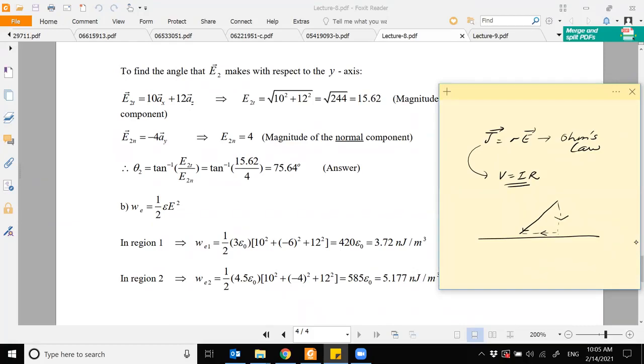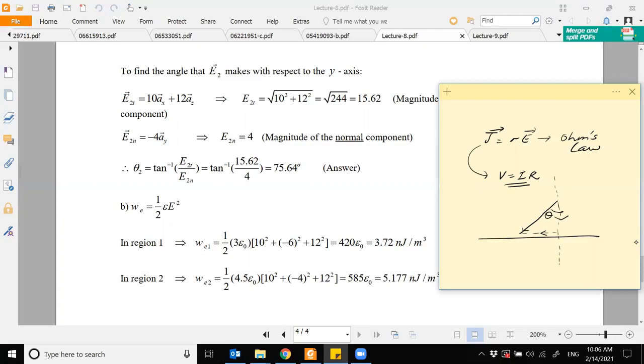And what is the angle? The angle, as I told you, is always defined as the angle your vector makes with the normal to that boundary. So this is the normal, and this will be the angle theta.